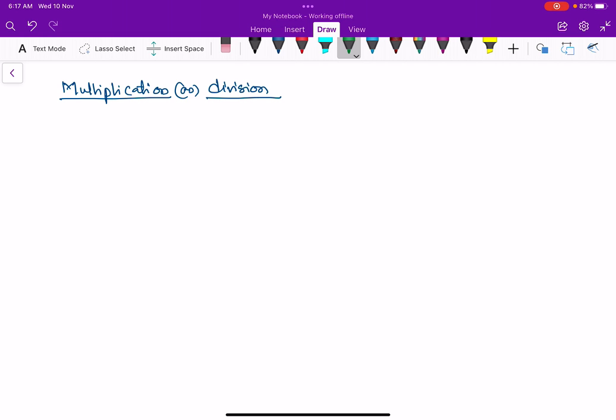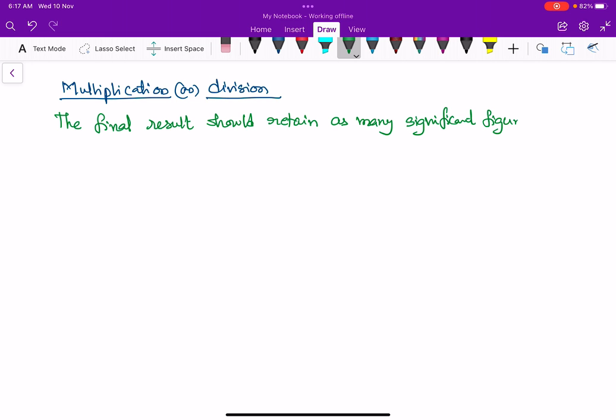The final result should retain or contain as many significant figures as there are in the original number with the least significant figures.